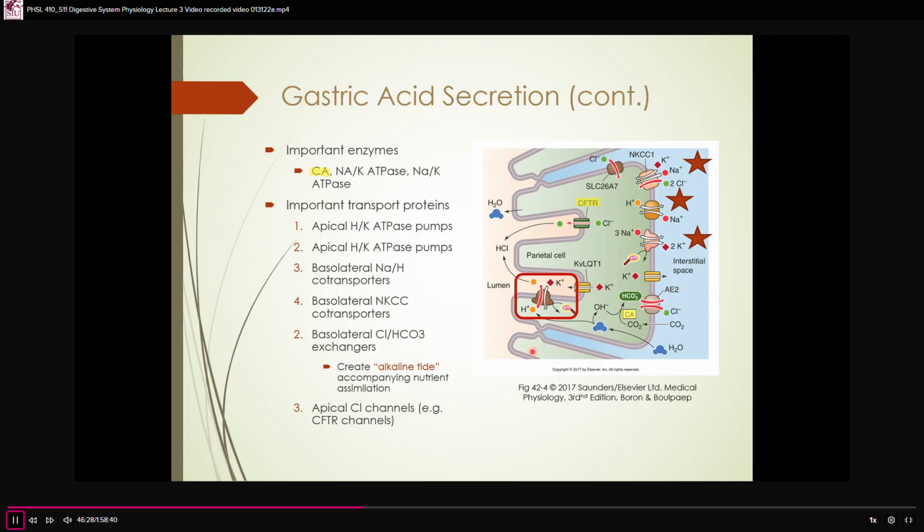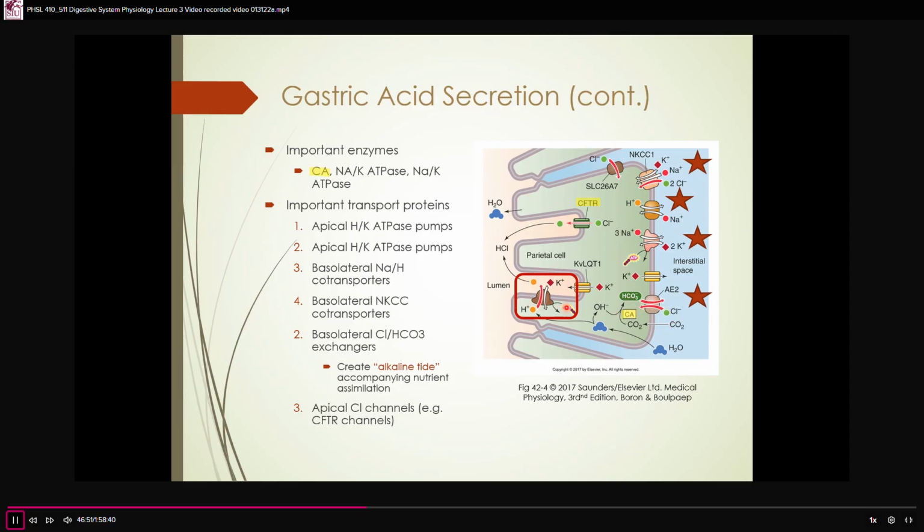And that creates what we're going to call an alkaline tide, because much of that bicarb will enter the blood. And so the blood leaving the stomach, when it's actively secreting acids, is going to have this alkaline tide that is carrying a lot of bicarb away from the stomach during these periods of time. So that's very important there, but it's also another mechanism that we can use to get chloride into the cell.